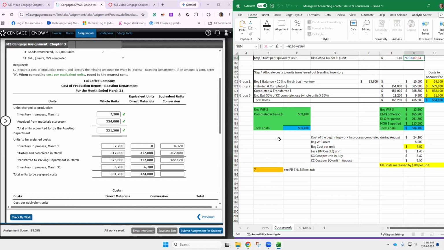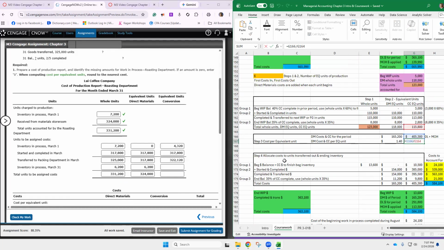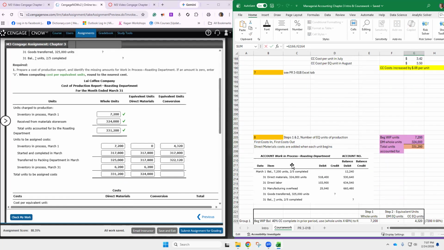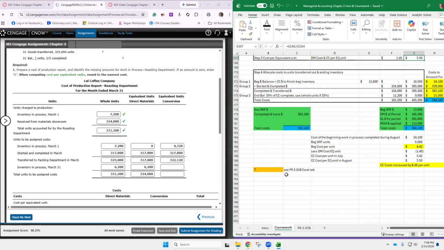40%. Yep, so I messed up putting in that 35% there. Oh, I'm down here. Sorry about that. Uh-oh, hold on. I'm going to have to double check this stuff and make sure. Okay, yep, I messed that one up right there.